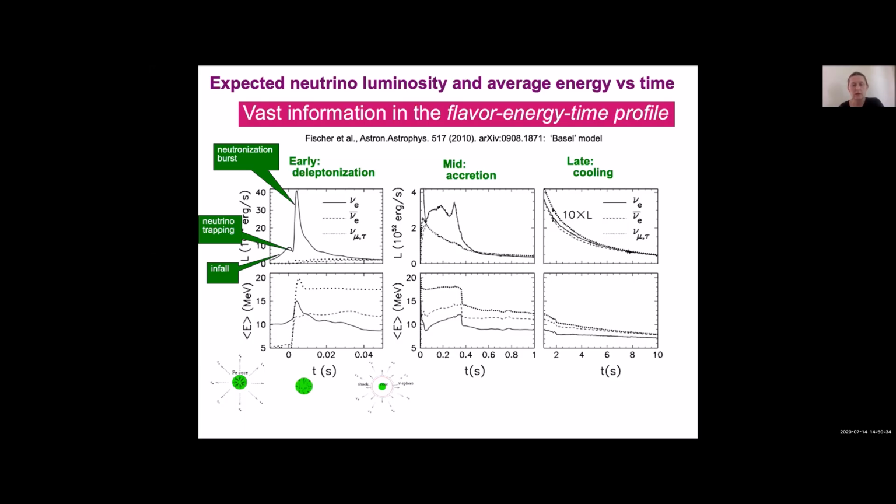Freshly created neutrinos are free to stream away. In the mid-time scale, you can see signatures of the explosion, especially in the electron neutrino flux. And then finally, there's a cooling. This is where most of the energy loss occurs. All the flavors of the neutrinos decrease and cool over about 10 seconds, and it can go as long as hundreds of seconds as well.